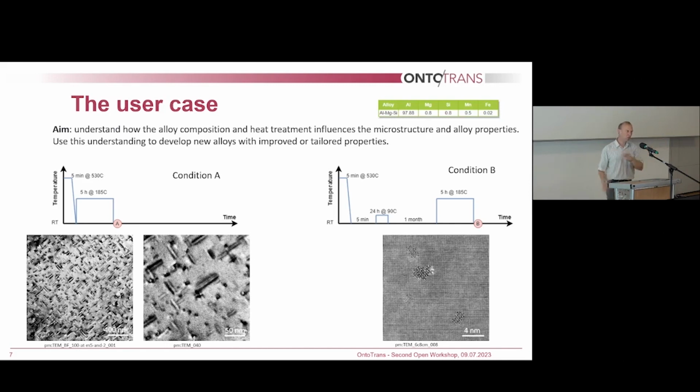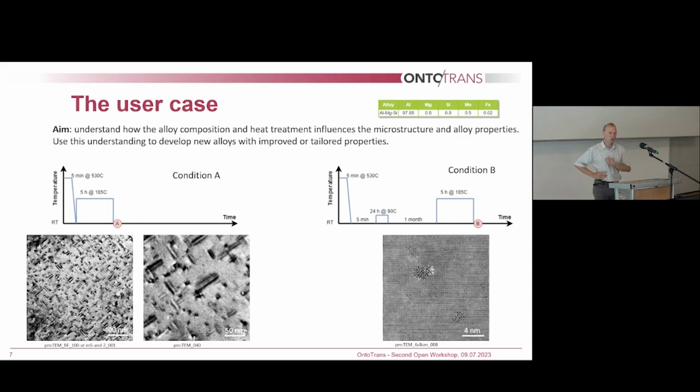You can see that these are small needles that are forming, pointing in crystallographic directions. These needles are really important. They give the alloy the properties you want. And we want to control the distribution, how many, the size and so on.